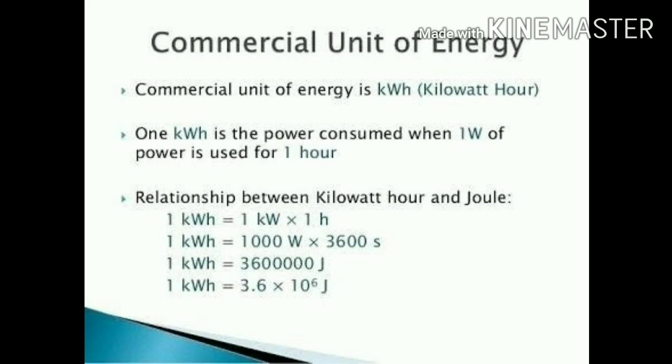Remember this value of 1 kilowatt hour. It is important for 1 mark questions. Remember, 1 watt hour is the energy consumed when 1 watt of electric power is used for 1 hour.